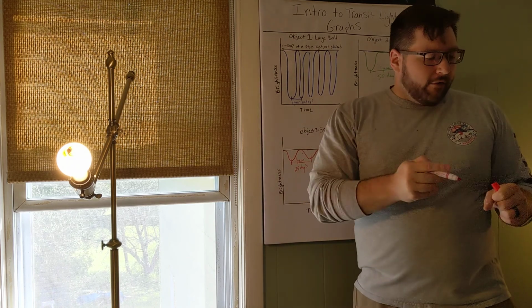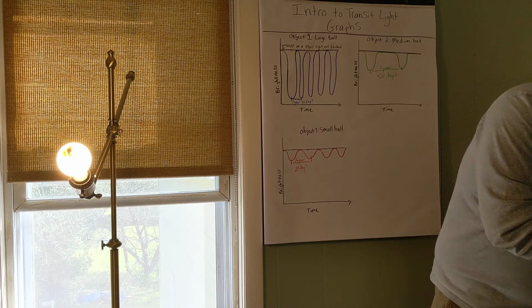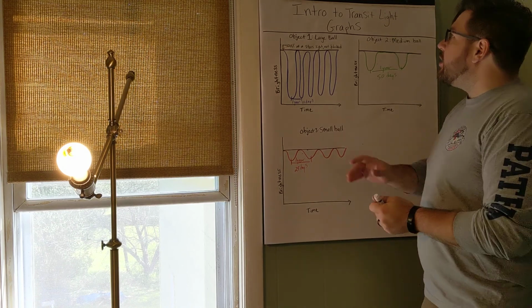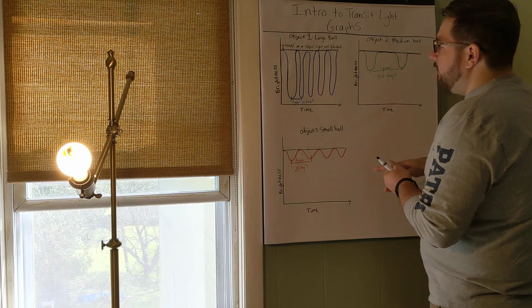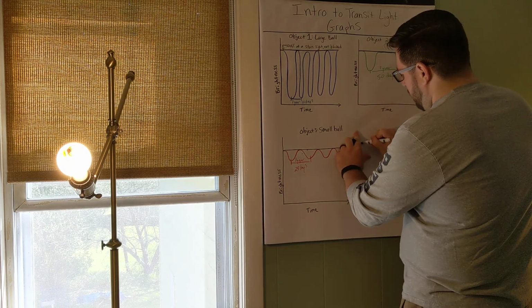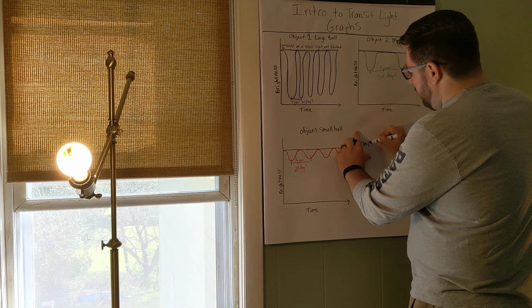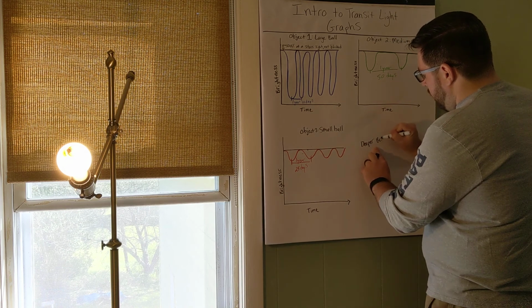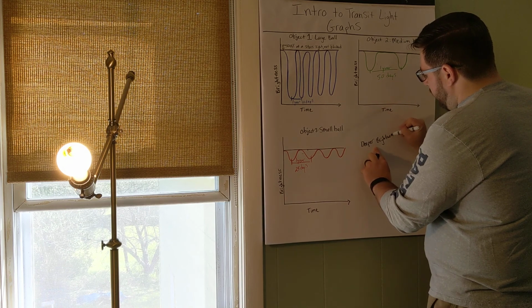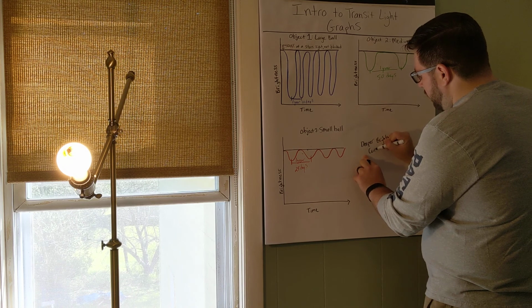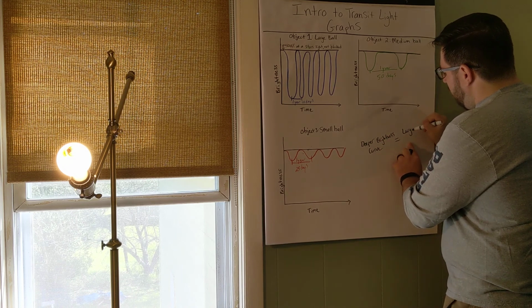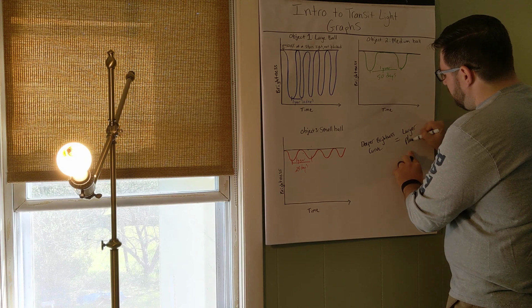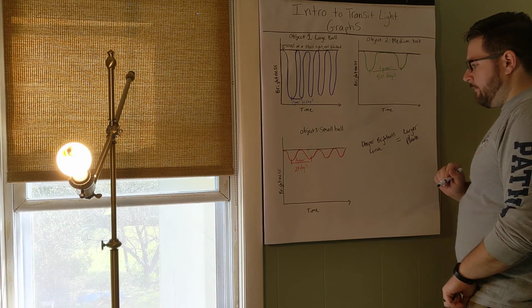So to summarize, when you're looking at transit light graphs, the things that you want to pay attention to is that a deeper brightness curve equals a larger planet. Okay.